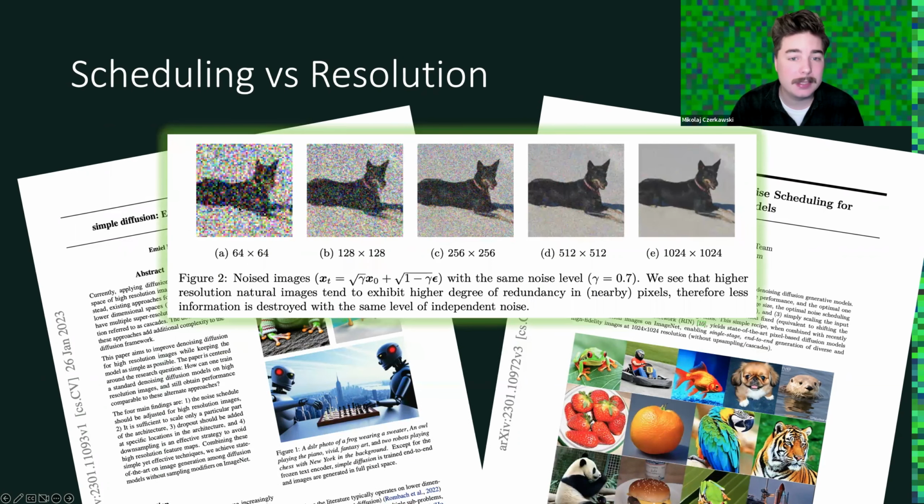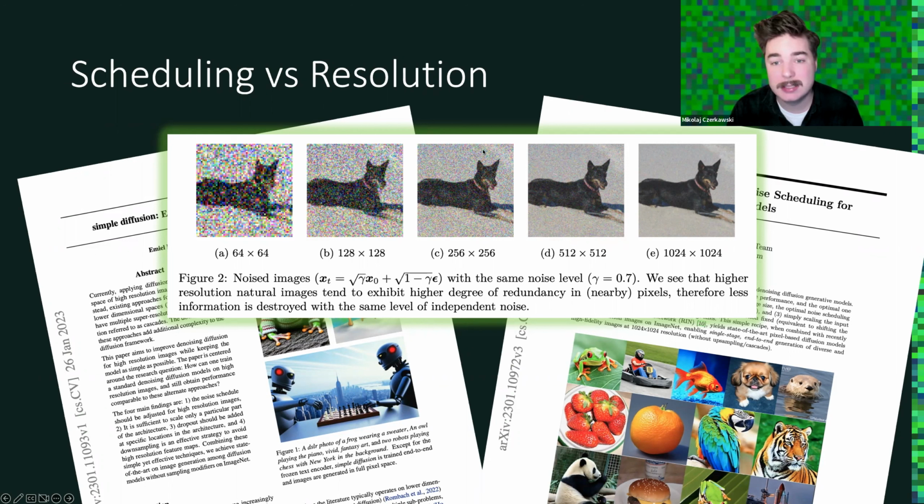So right here, we can actually look at the same level of noise used with the exact same equation, but the low resolution samples look way more noisy than the high resolution.